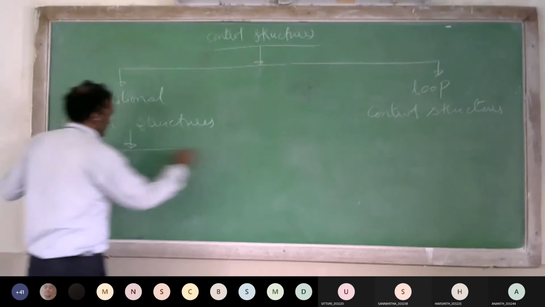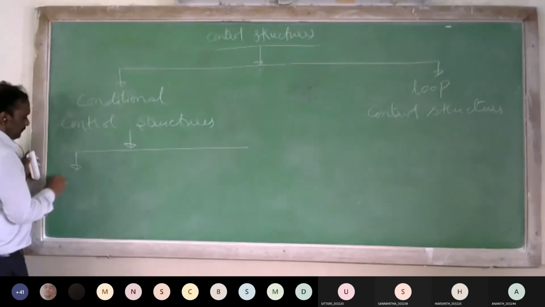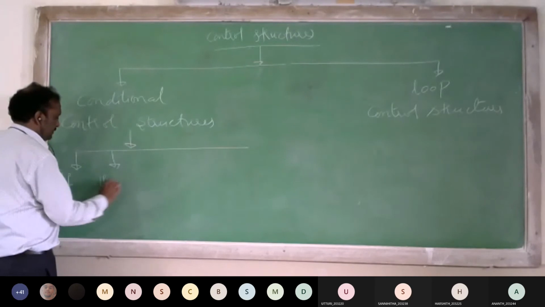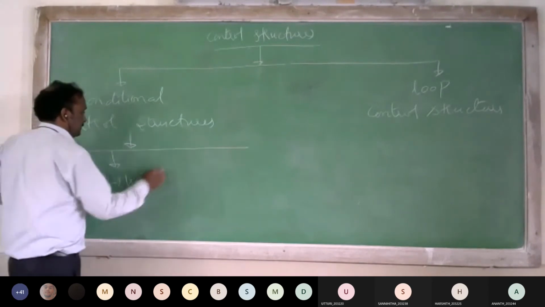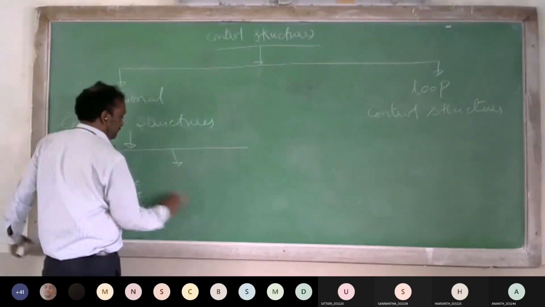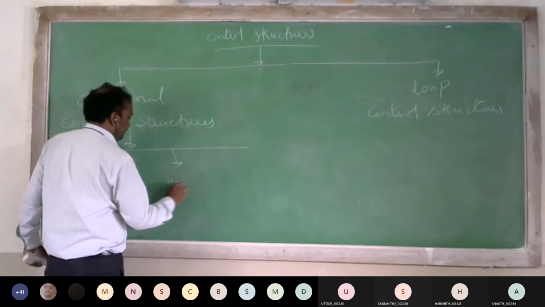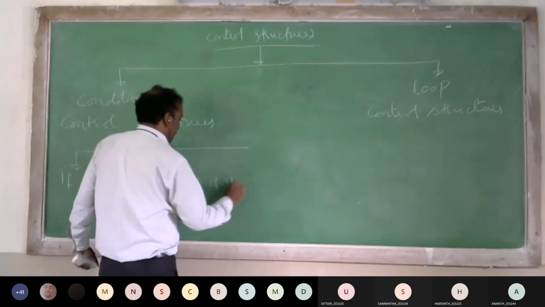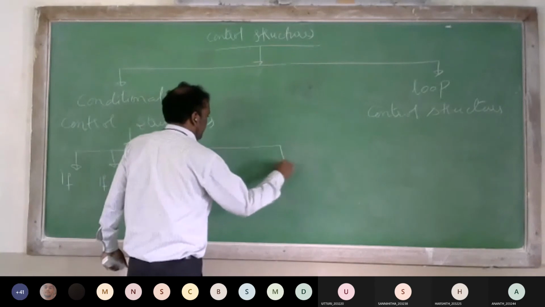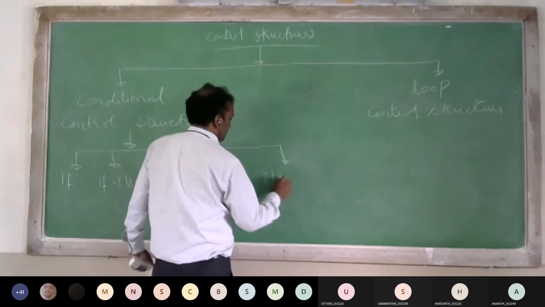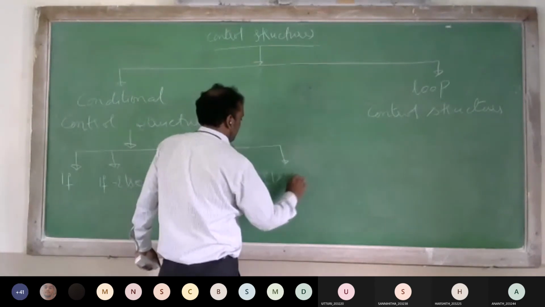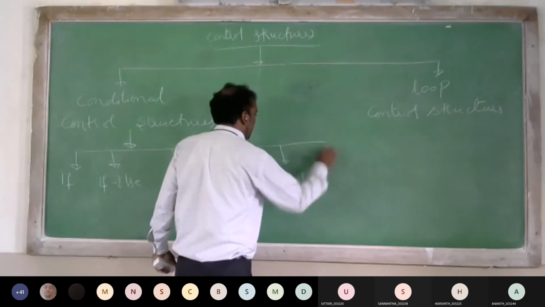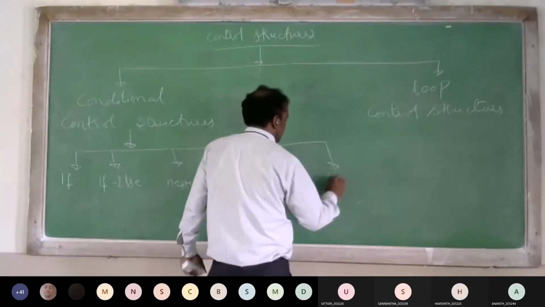The conditional control structure is again divided into if, else, nested if else, else if ladder, and switch case.